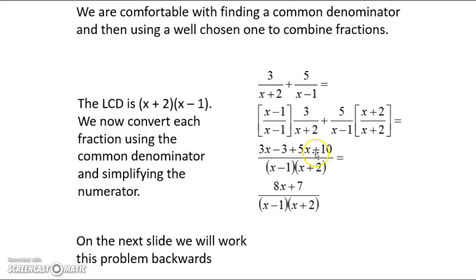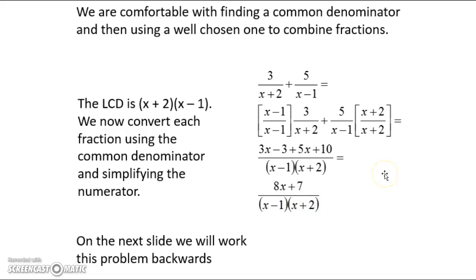And that will give us, for both of these terms that we're adding together, a common denominator. We multiply through on the numerators, we collect the like terms, and we clean up the numerator. So we know that 3 over x plus 2 plus 5 over x minus 1 is equivalent to the fraction of 8x plus 7 over the product of those two denominators.